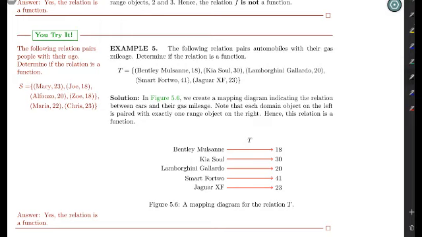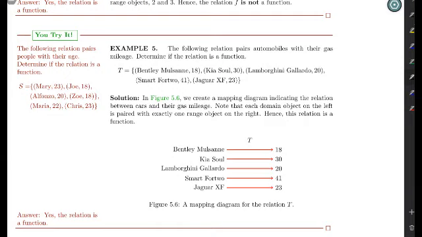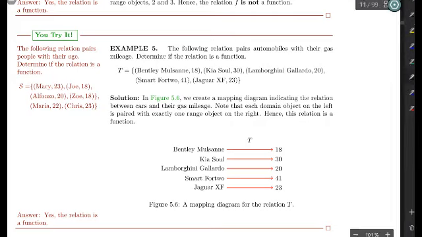And so none of the car brands were repeated in this set. For instance, we don't have the Kia mentioned twice. Kia's mentioned once. Bentley's once, Lamborghini once, Smart once, Jaguar once.